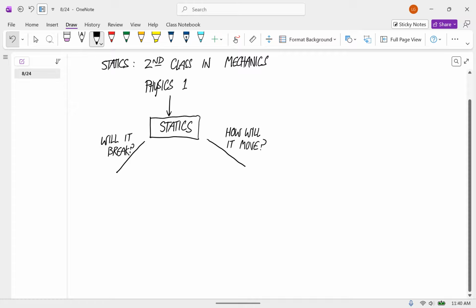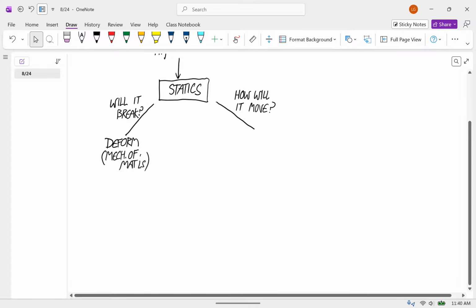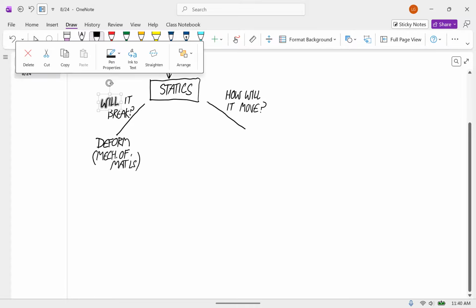And on the Will It Break side, the next class you'll take is Deform. We call it Deform here because they call it Deform at the U of Minnesota. Actually, most universities call that Mechanics of Materials. And Deform is where you'll be introduced to the ideas of stress and strain.